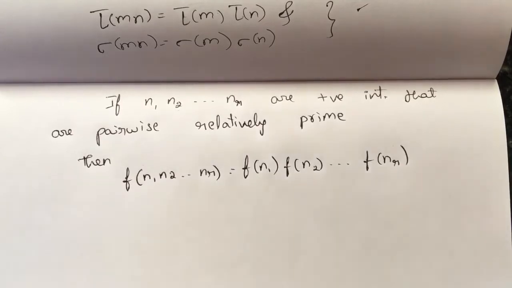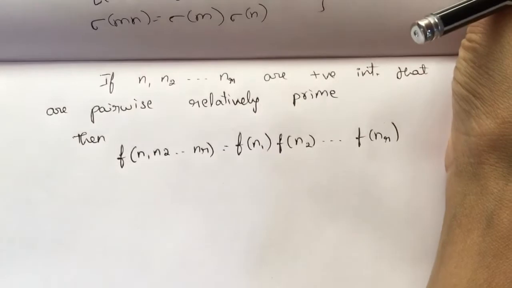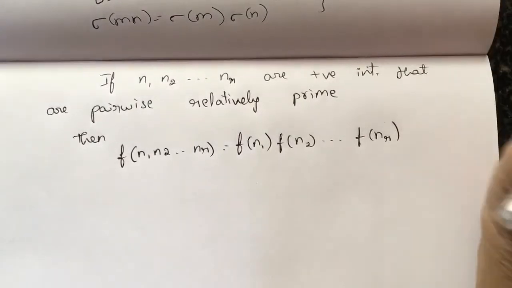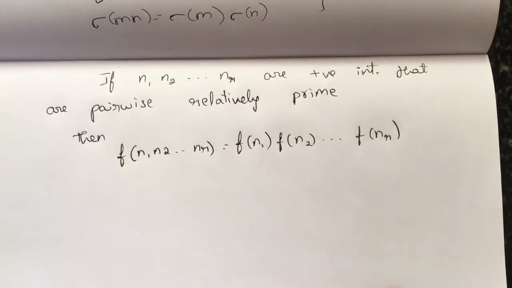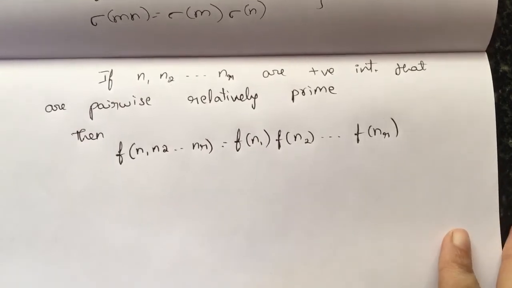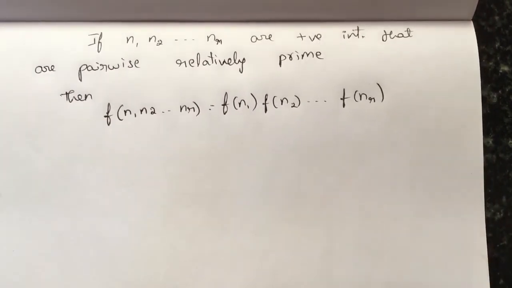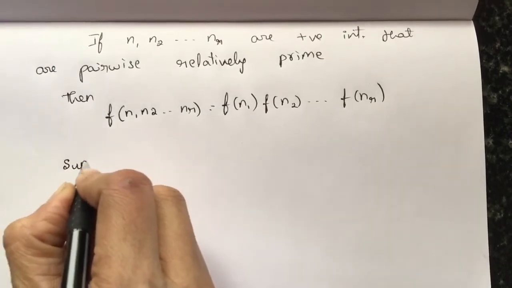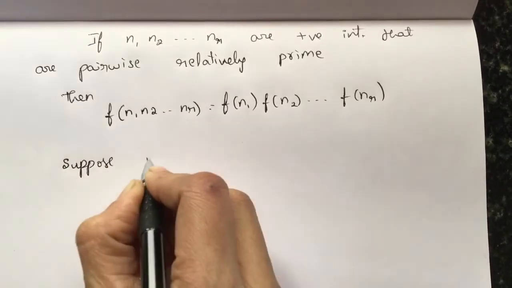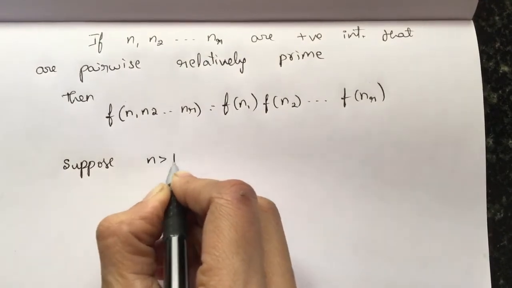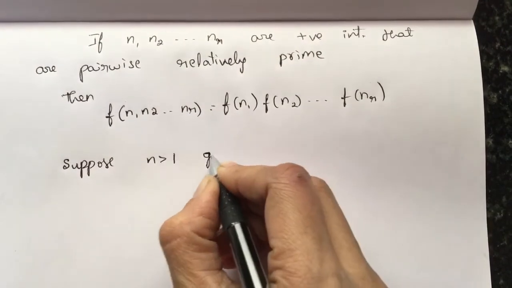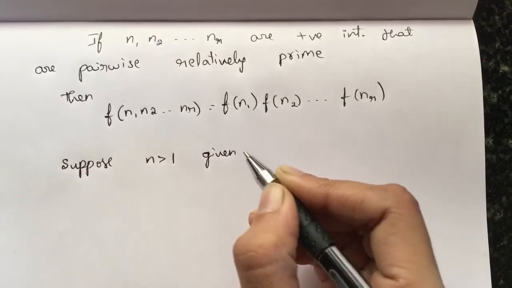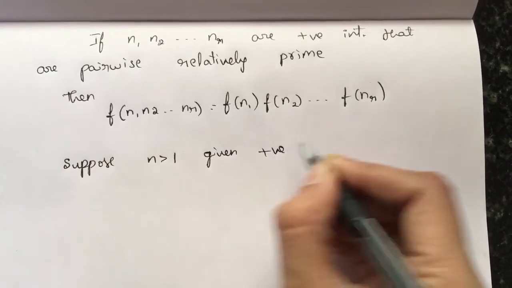The big advantage of multiplicative functions is that they are completely determined once their values at the prime powers are known to us. Suppose n is greater than 1. This value is given to us, in fact a positive integer.